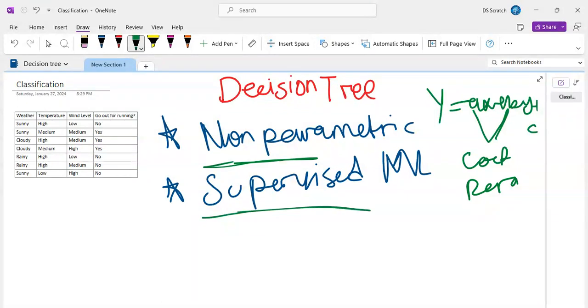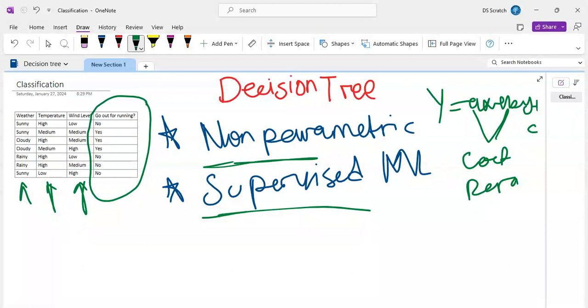And what do we mean by supervised machine learning algorithms? By supervised, we mean that if we are predicting or classifying something based on some outputs or some labels, then that algorithm is a supervised machine learning algorithm. In this problem, if you see in the table, suppose we want to see if someone will go out for running or not, based on the three features of weather, temperature, and wind level.